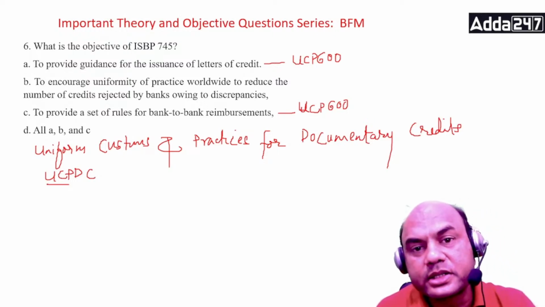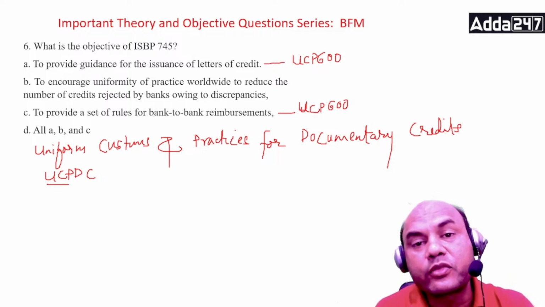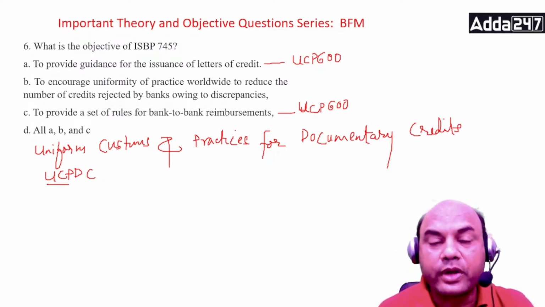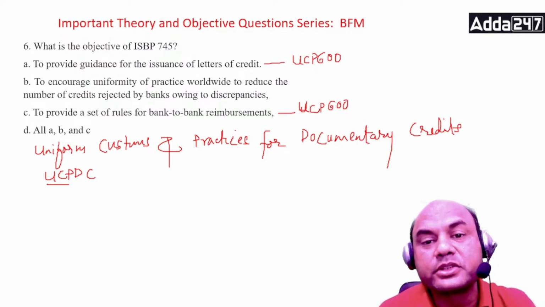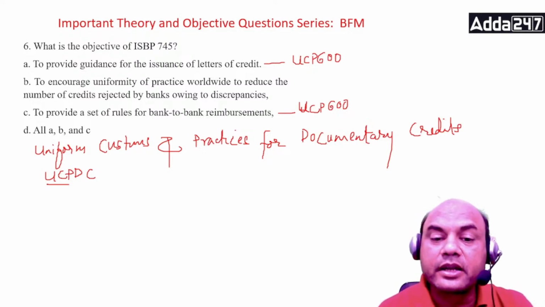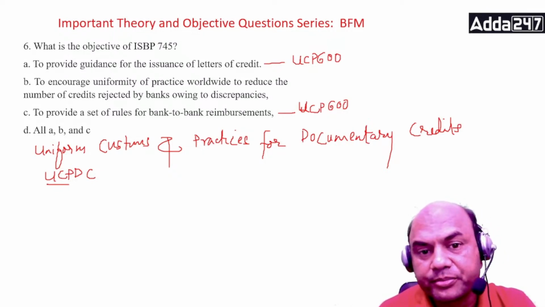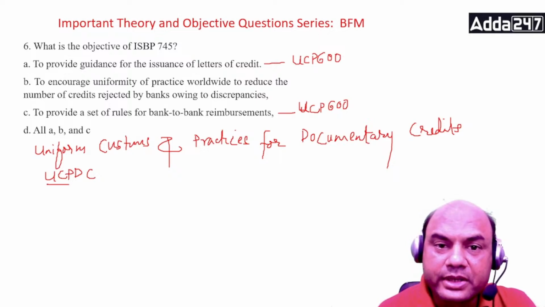There are various versions of UCP. It started from 100, and before 600 there was 500. The next UCP coming up is UCP 700, but the date is not fixed yet, so we are still using UCP 600. Now there are five very important documents in international trade.